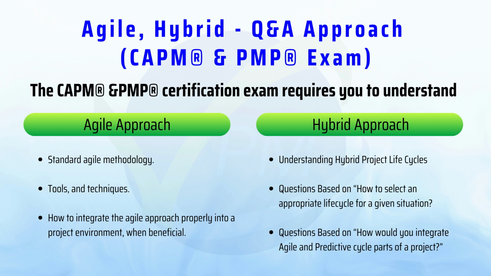Also, you do need to understand the hybrid approach. So understand the hybrid project life cycles, and questions on how to select an appropriate life cycle for a given situation. Understand the context as to when each of the approaches will be used. And then there are questions on how you would integrate Agile and predictive cycle parts of a project.